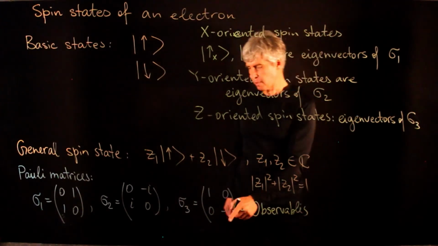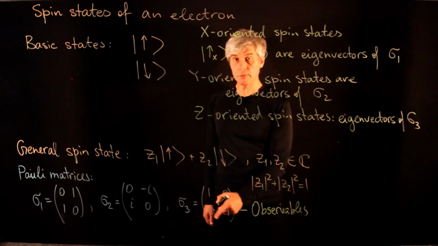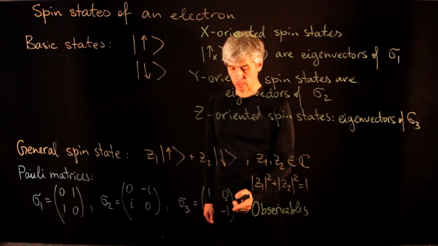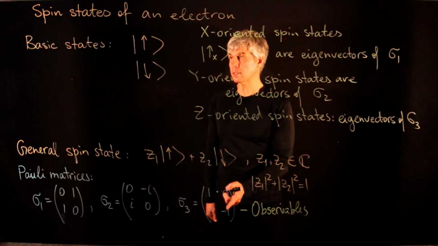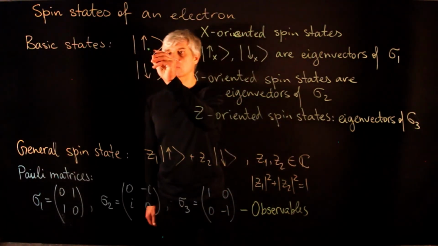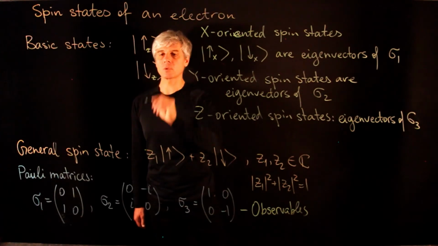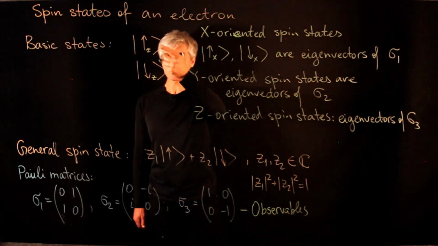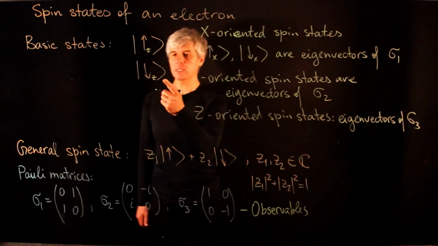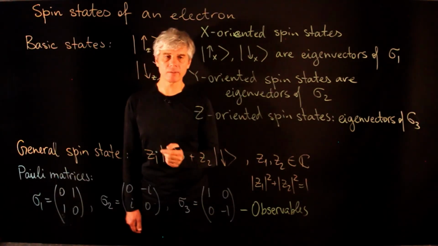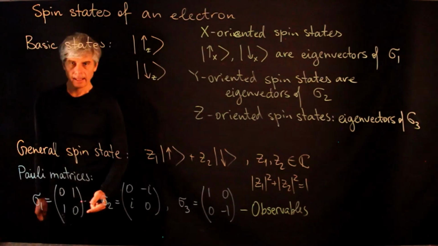Now, for sigma 3, we see that sigma 3 is diagonal, right? So this means that the eigenvectors are standard basis vectors. And so here they are, these two basic states. This is the +1 eigenvector for sigma 3, and this is the -1 eigenvector for sigma 3.